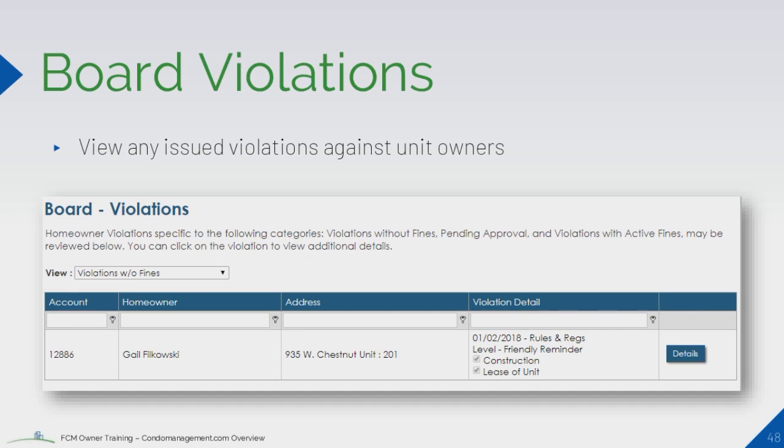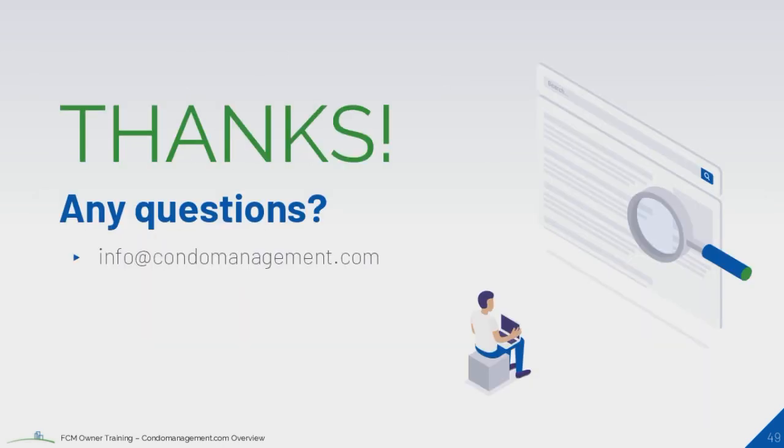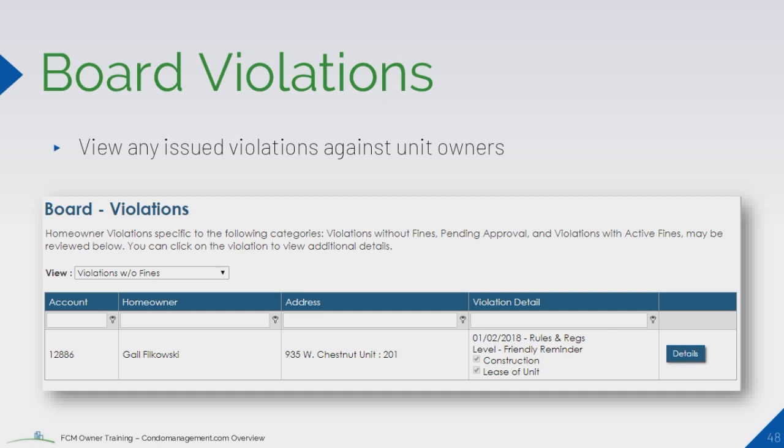You also have the board violations tab, where you're able to view any issued violations against unit owners. So this will give you the account number, the homeowner's name and address, just a quick description of the violation details, and then the blue details button on the right, you can click to get specific or more in-depth details on what the violation entails.